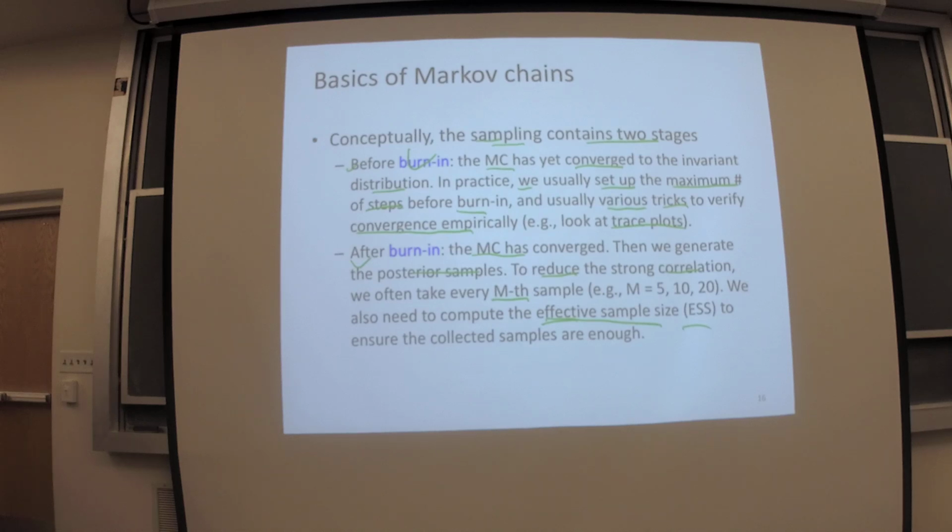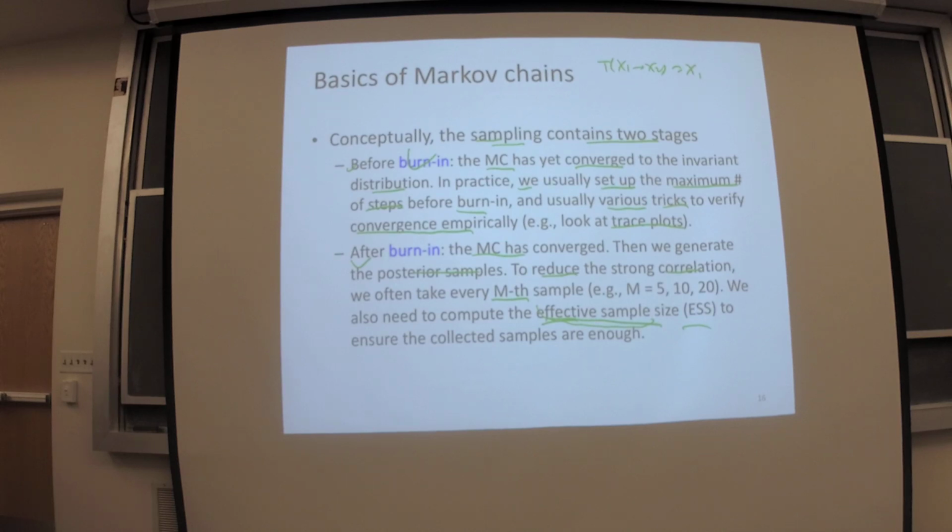I can give you a very easy transition kernel: T(x1, x2) is just x1. So what you sample is just x1, x1, x1, x1, always x1. That means in that case, whether you take every 5 samples or every 10 samples doesn't matter. That's why we have to compute the effective sample size practically.